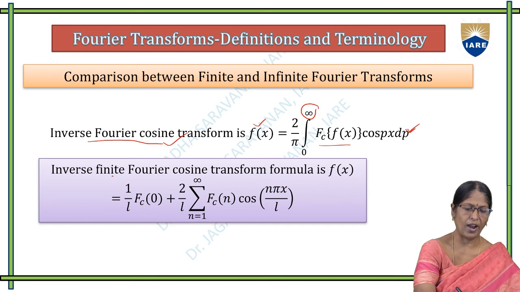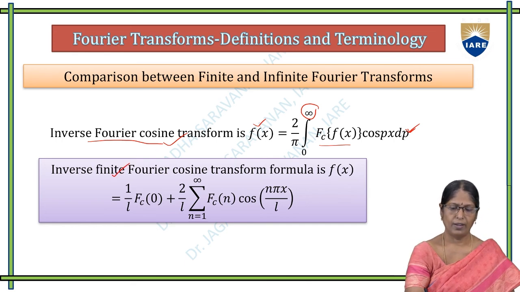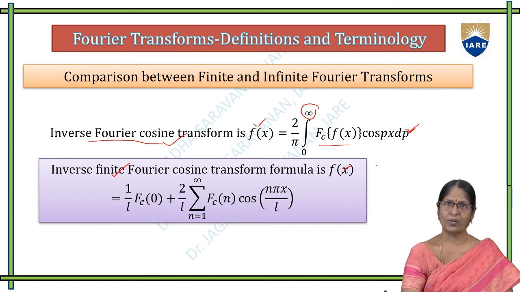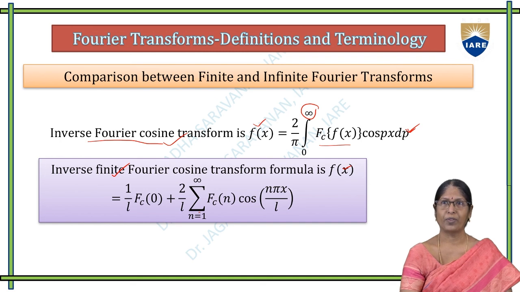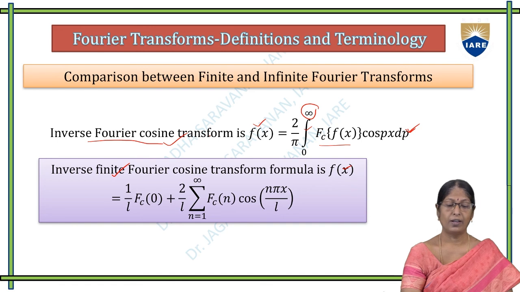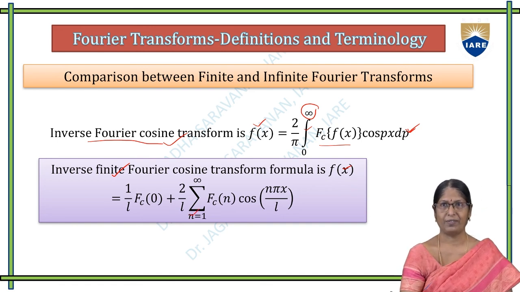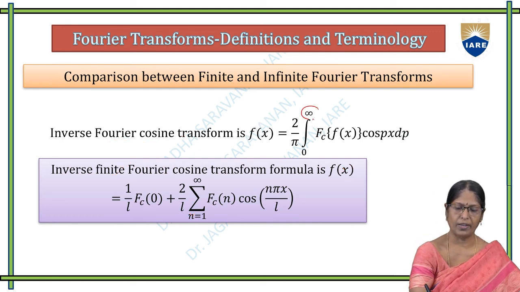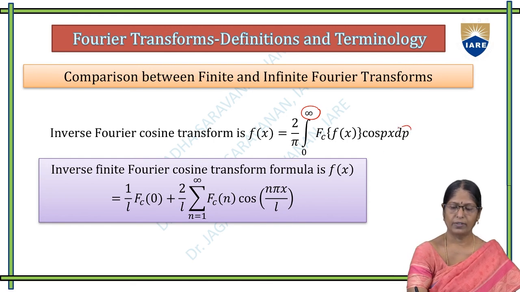Now finite, the same Fourier cosine we are taking. The same f of x function is outside, but we have to remember that the integral, which plays the role in infinite, is replaced by a summation in finite, where the changes are. I'm circling it. This is dp, complete integration.